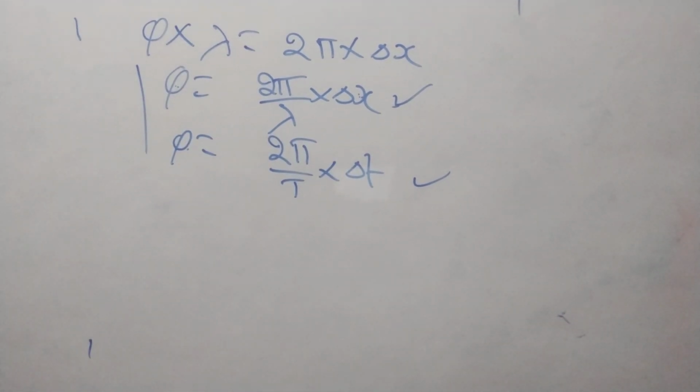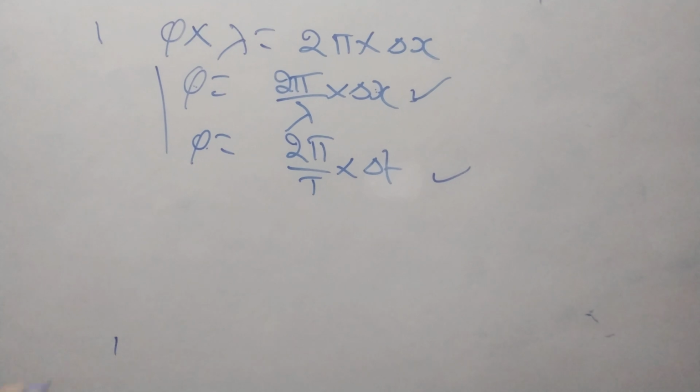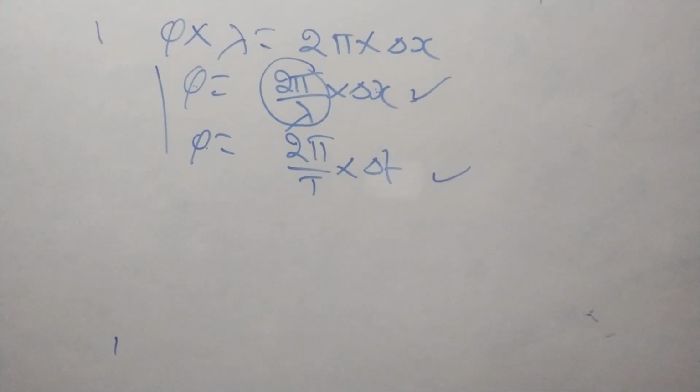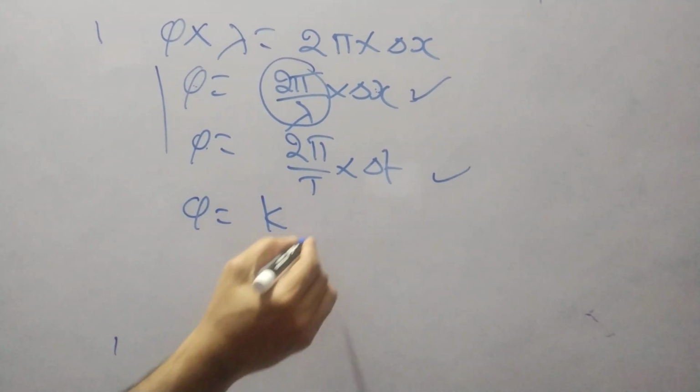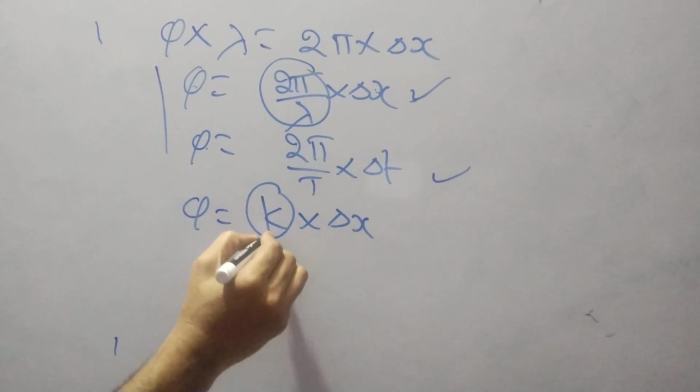Now here I am defining the wave number. So what is this wave number? Wave number is nothing but 2 pi by lambda. I am taking this as phi equals some constant k into delta x, right? So this k is known as the wave number.